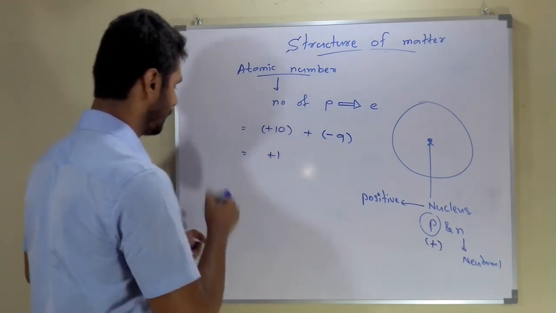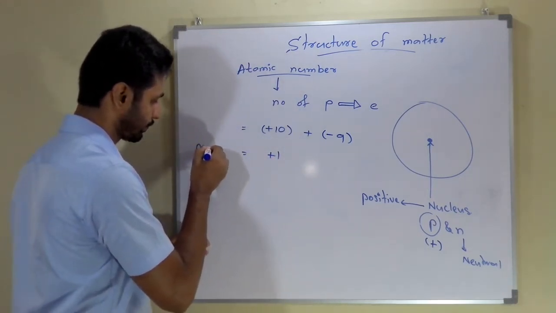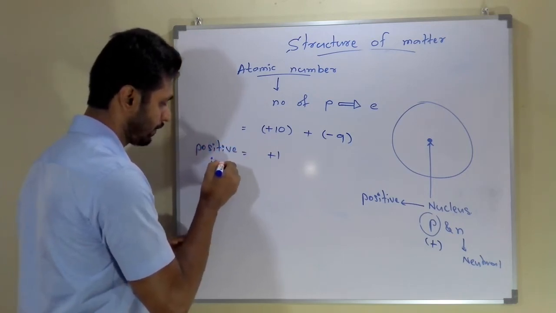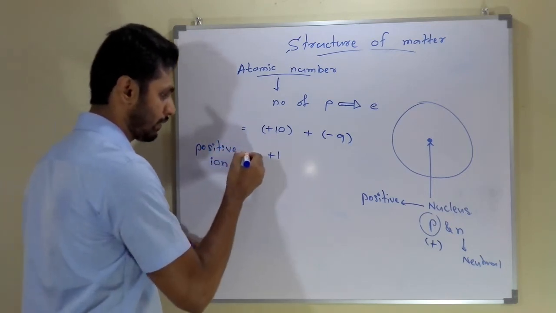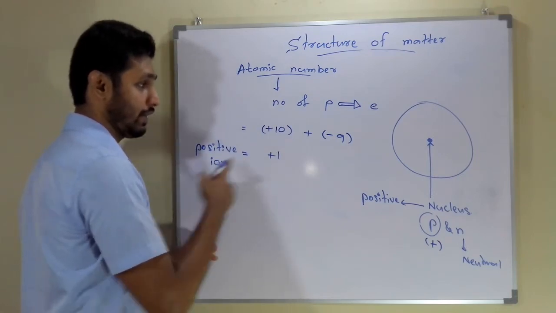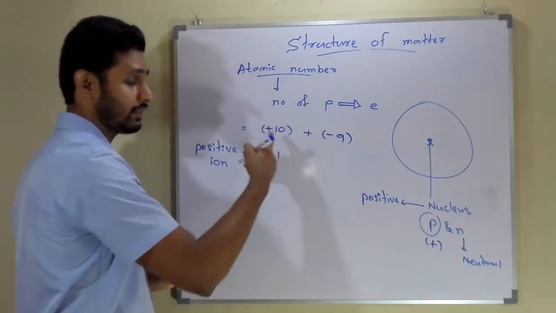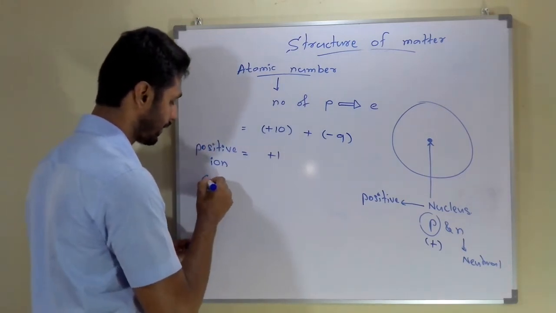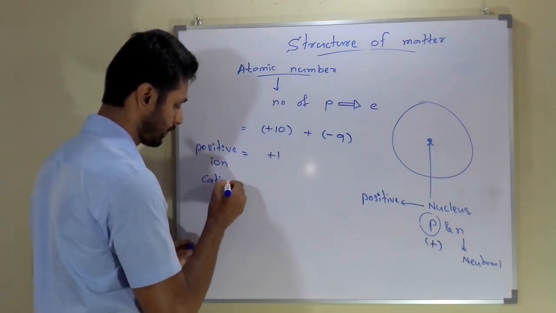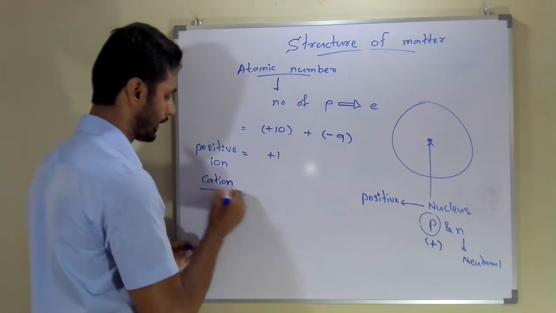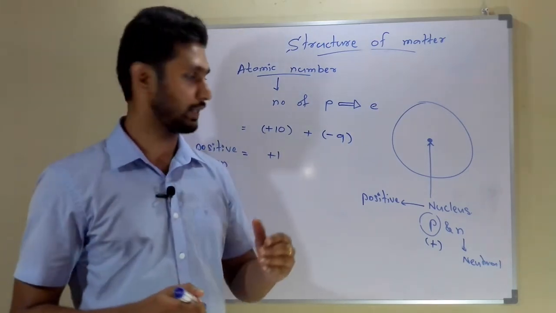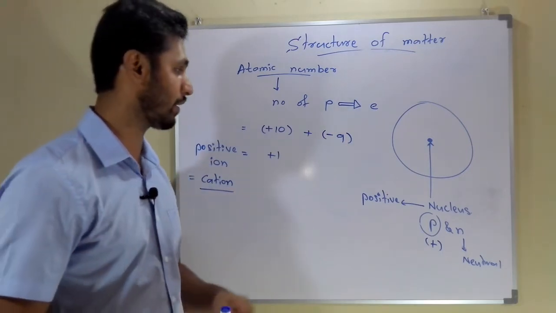So this is called a positive ion. Positive ion. And this positive ion has a lesser amount of electrons than protons. So these positive ions are known as cations also. Cations or positive ions.